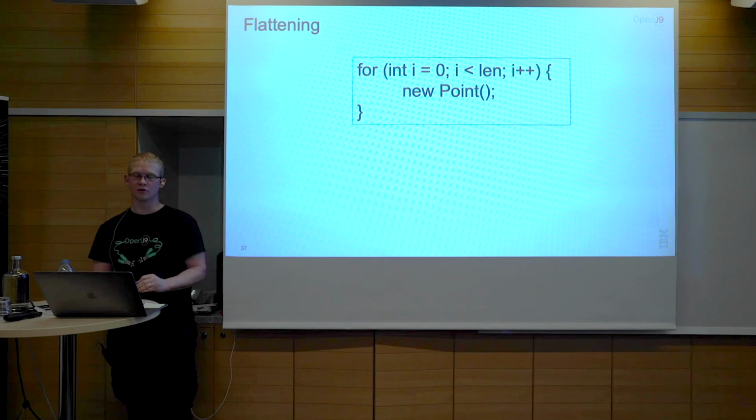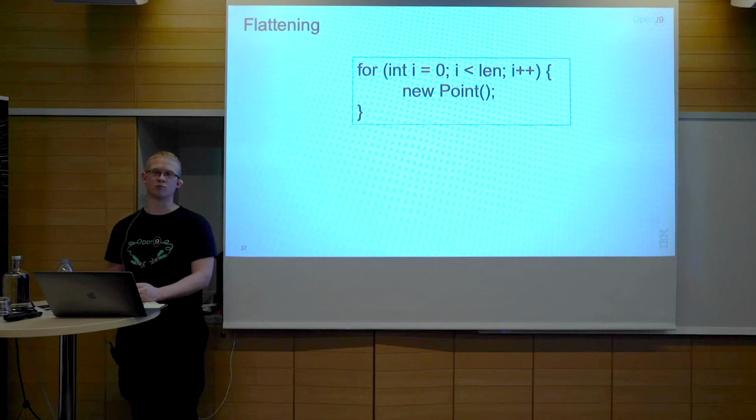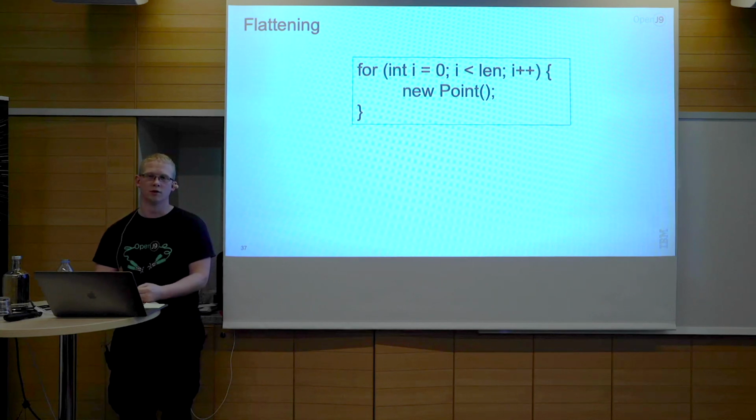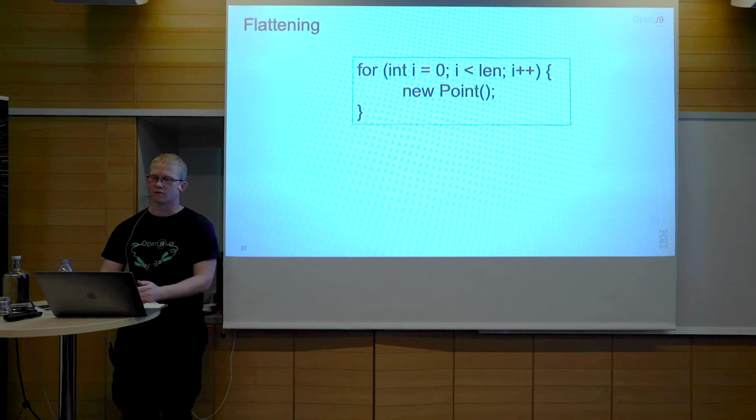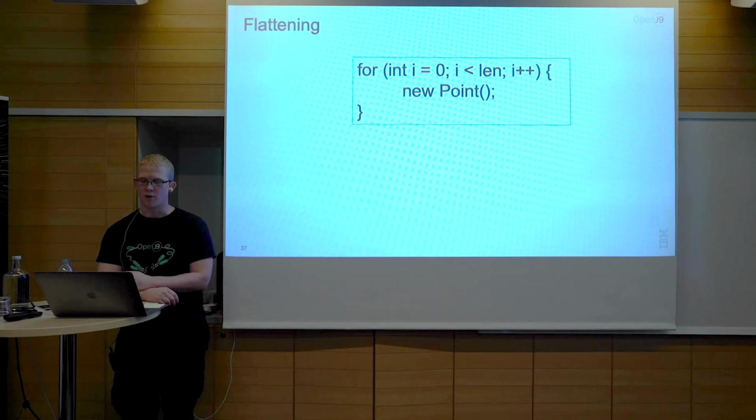So the interpreter would then have to say, maybe I optimistically grab some stack space and I stack allocate these point objects. But then you end up in a case where you run out of that optimistically allocated space. What do? Do you fall back to heap allocation? Do you throw out of memory? Do you keep growing your stack until you stack overflow? The only reasonable answer here is to fall back to heap allocation.